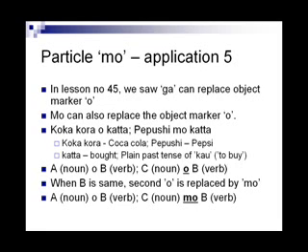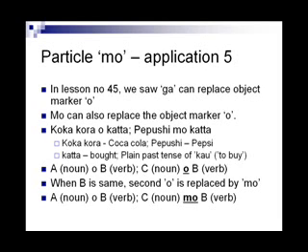See this example. Coca-Cola o katta. Pepsi mo katta. Coca-Cola is Coca-Cola. Pepsi is Pepsi. Both are transliterations. Katta means bought. It is a plain past tense of kau, to buy. The verb is the same in both sentences.